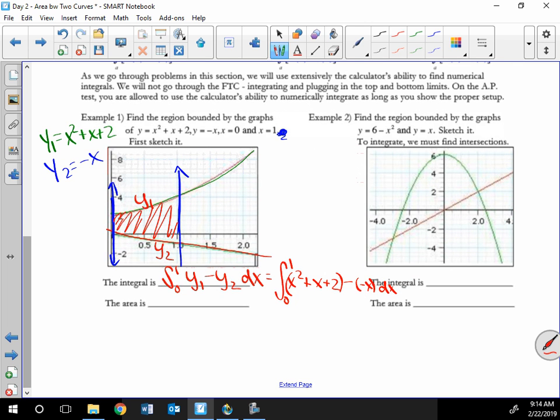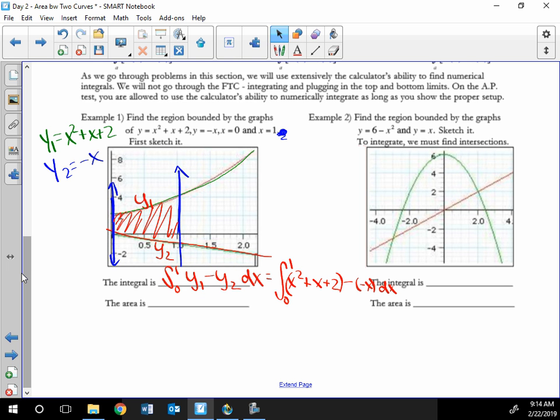Okay, so let's just go ahead and punch this into your calculator. Again, you don't have to graph this. You can just put it straight to your calculator on the home screen and type in your functions, or you can type your functions into y1, y2, and then on your home screen do y1 minus y2, kind of whichever you prefer. But go ahead and punch it in and see what you get.